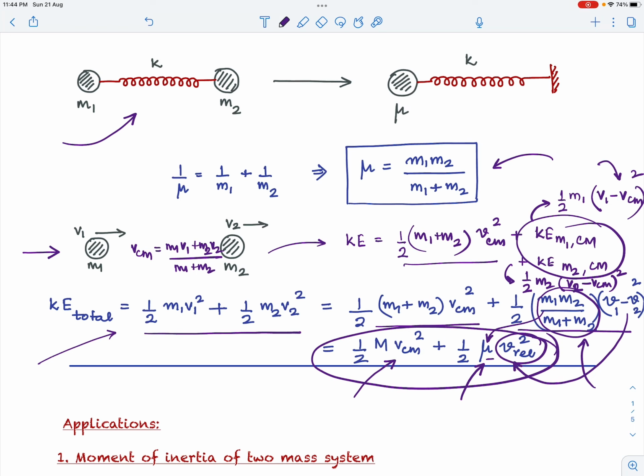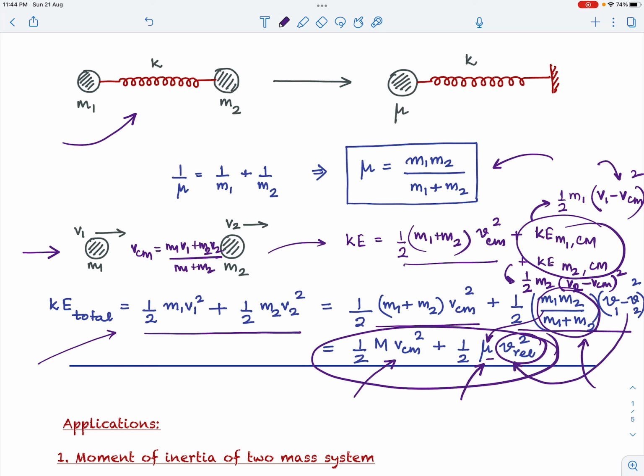So, as we try to write the equation for conservation of energy, the initial kinetic energy of the system is half capital M, where M is the total mass of the system, times VCM squared. This is the first term of the kinetic energy written for the two blocks together.